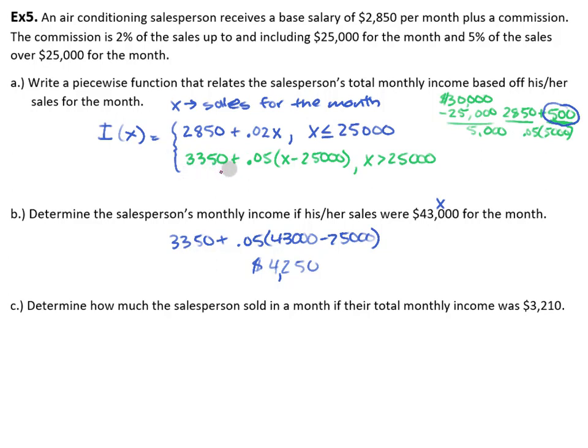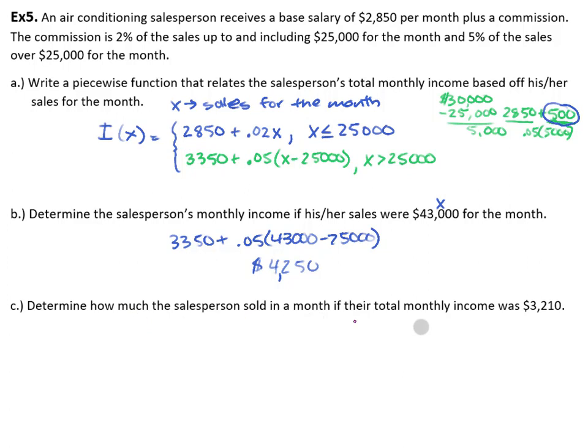And that gave us the $3,350, right? So if they sold over $25,000, they've made a minimum $3,350. So if we compare that to the amount they gave us, it doesn't look like they sold that much. They didn't make this minimum of $3,350. So I'm going to say we're going to have to use the top equation this time.